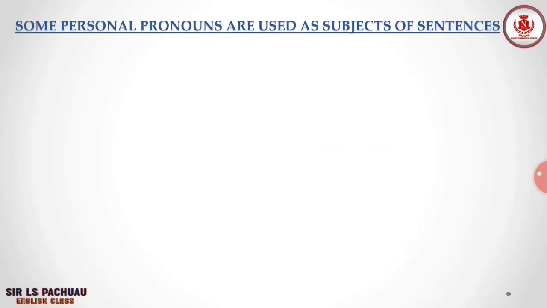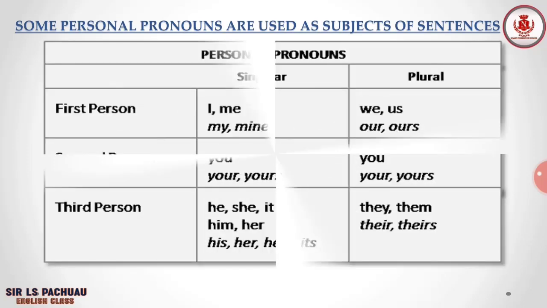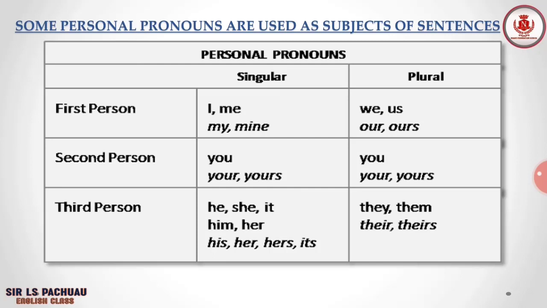Let's see. Some personal pronouns are used as subjects of sentences. I think you have already learned pronouns with Miss Belinda, so you still remember these personal pronouns. The first person singular is I, me, my, mine, and first person plural are we, us, our, ours. Second person singular is you, your, yours, and second person plural is you, your, yours.